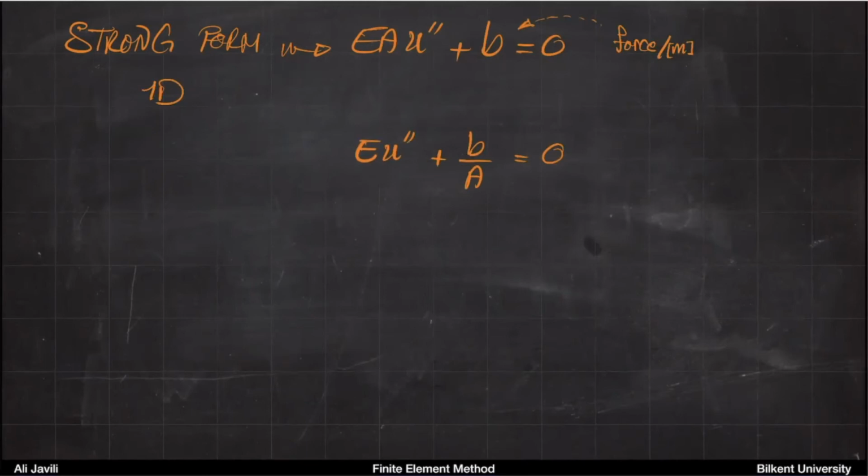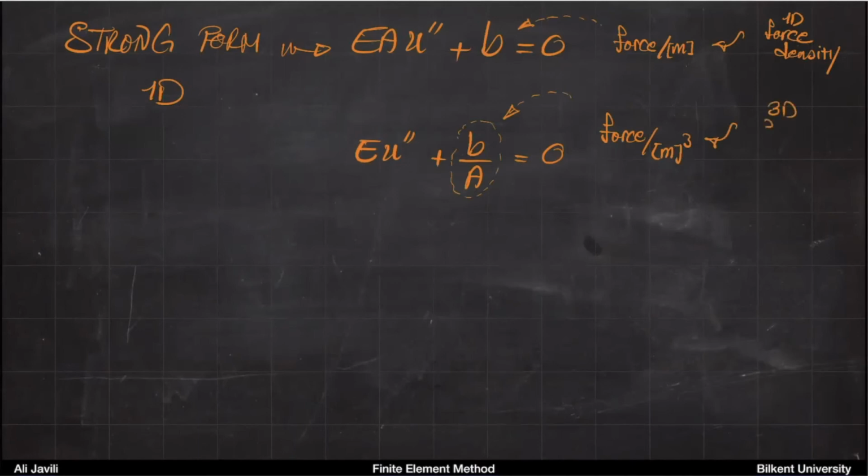So in 1D, this is a 1D force density. If you divide it by A, what would be the dimension of that? It's force divided by meter cubed, right? So it just feels like it's actually the real force density. So this would be your 3D force density.